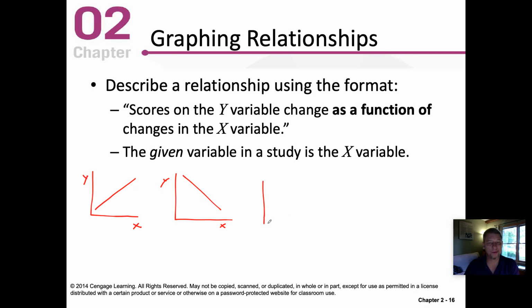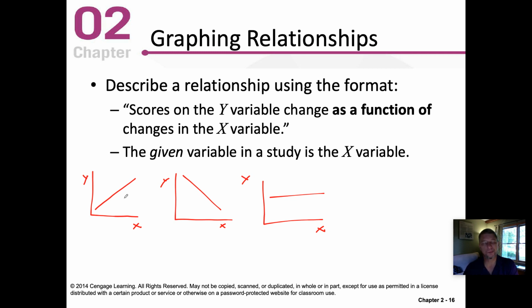You may also have a scenario where the y value remains constant as the x value is increasing. So, just because there is a relationship doesn't mean that it's always positive. All right, so just keep that in mind. Sometimes it's a negative slope. Sometimes it's a constant slope. Sometimes there's no relationship at all.